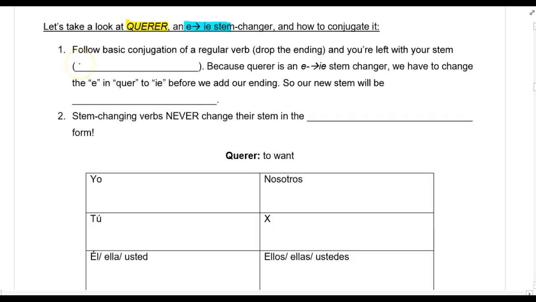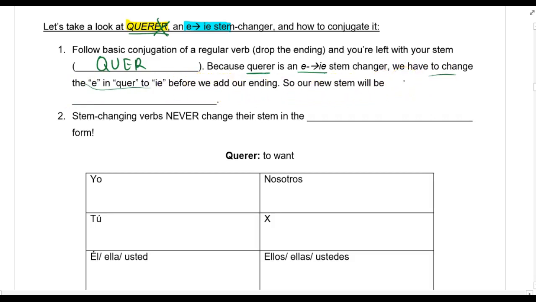Now, this has to follow the basic conjugations of a regular verb, so you're going to drop the ending and you're going to be left with your stem. So if you look at our verb querer, and we drop our ending, which would be the ER, you're going to be left with quer. Now that you're left with quer, because querer is an E to IE stem changer, we have to change the E in quer to an IE before we add our ending.